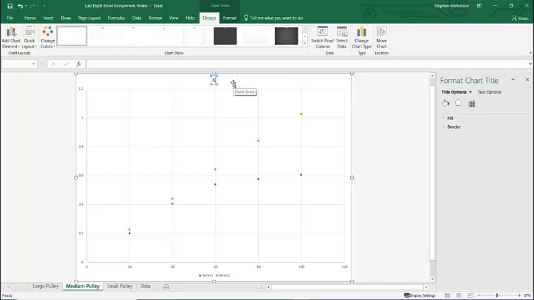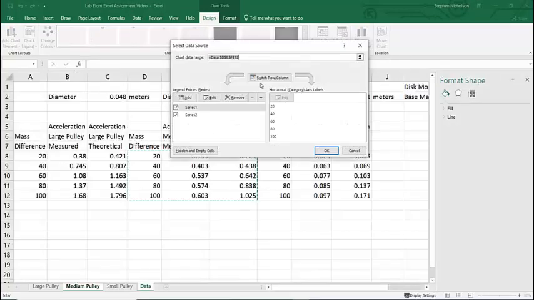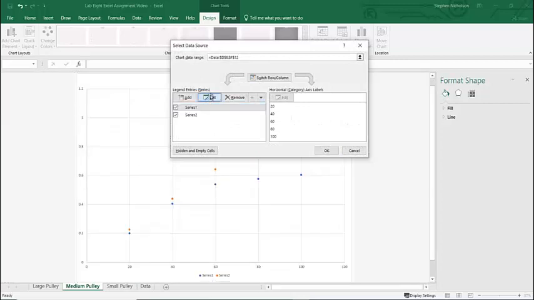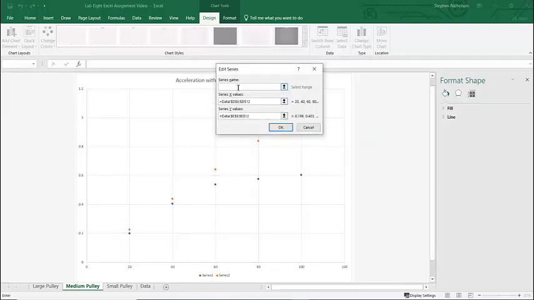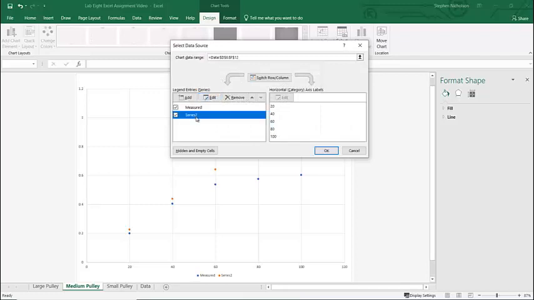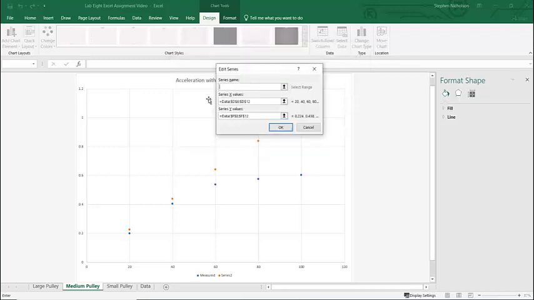So this one would be acceleration with medium pulley. We need to change the series name, so we'll go to Select Data, edit Series 1, which is measured, and Series 2, which is theoretical.